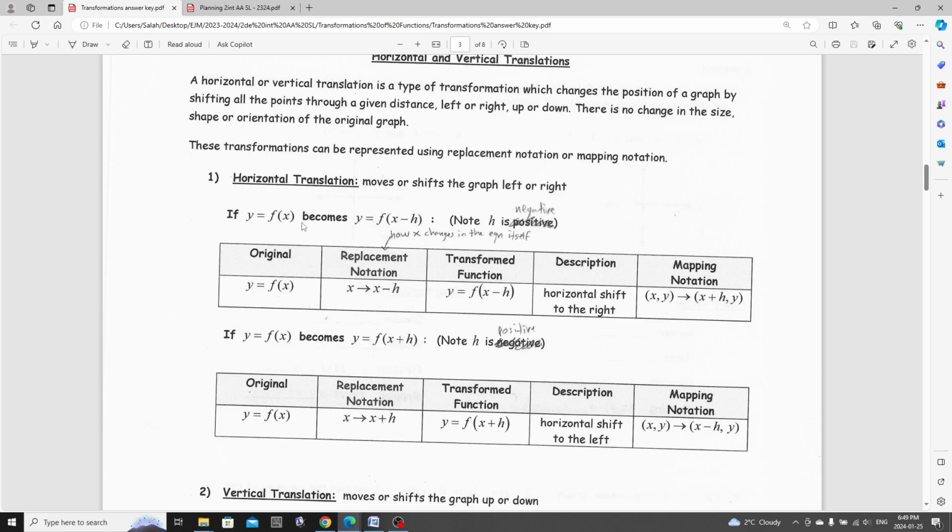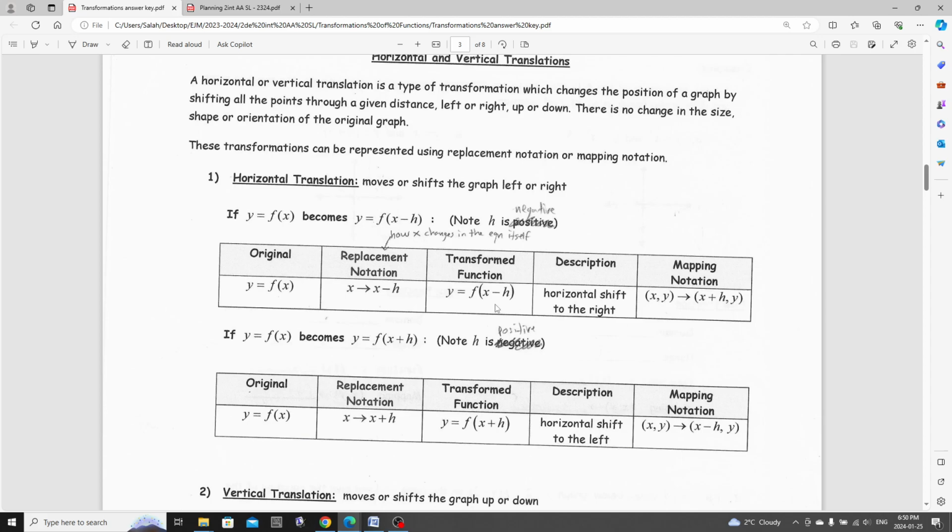So for example, if y equals f of x becomes y equals f of x minus h, then you have to understand that the variable x itself has been changed to x minus h. That's what we call replacement notation. So that's how x changes in the equation itself. The transformed function is you taking away that x in f of x and replacing it with x minus h. So that's what your transformed function looks like.